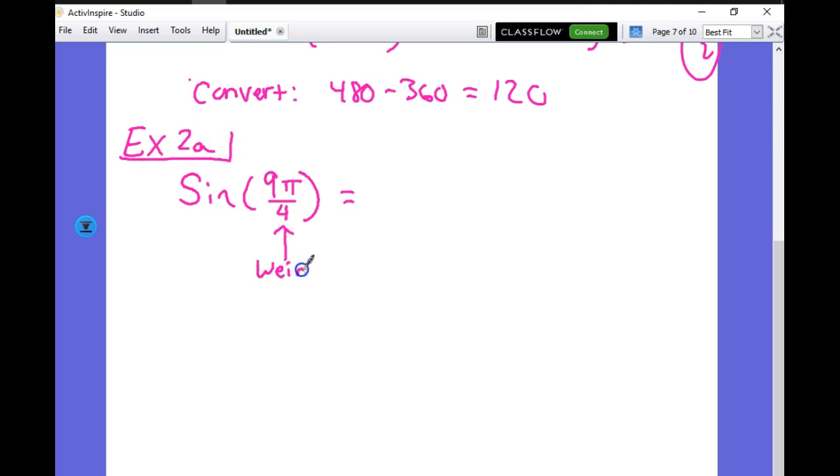That makes it a weird angle. So what we're going to do is either add or subtract 2 pi from it. Now, is this bigger or smaller than 2 pi? Bigger, because 9 divided by 4 is like 2 point something. So we're going to take 9 pi over 4 and subtract 2 pi from it.